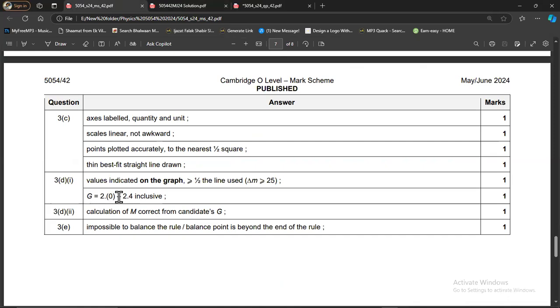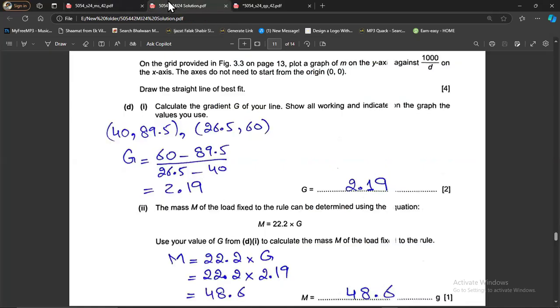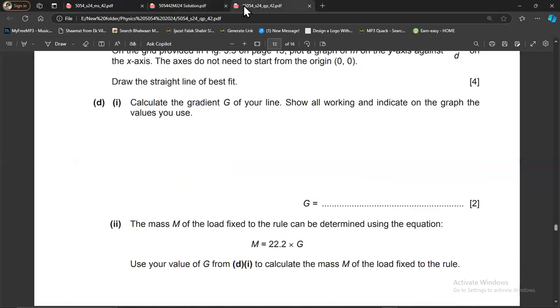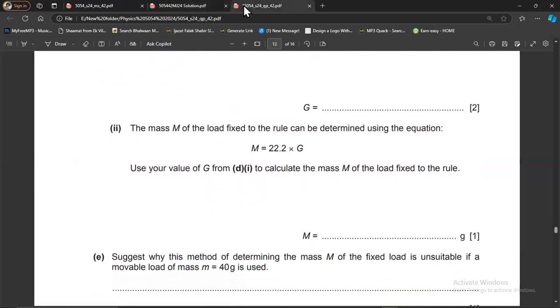They say the gradient will be from 2 to 2.4. Our answer is in that range. Then they say the mass M of the load fixed to the rule can be determined using the equation that M is equal to 22.2 multiplied by G. Using your value of G from D first part, calculate the mass M of the load fixed to the rule.